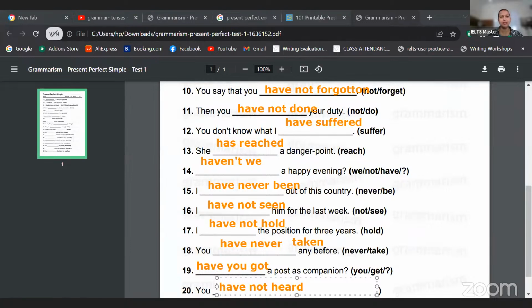Similarly, if I say for present continuous, so we have this tense exercise as well.